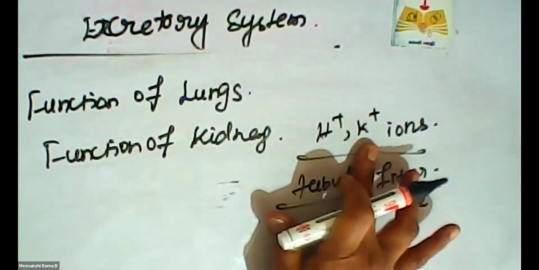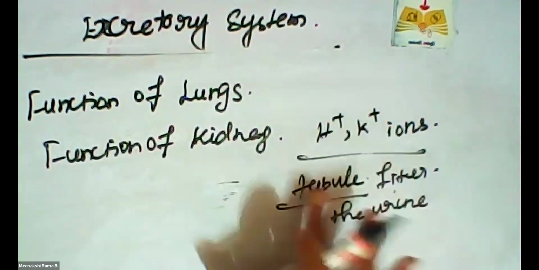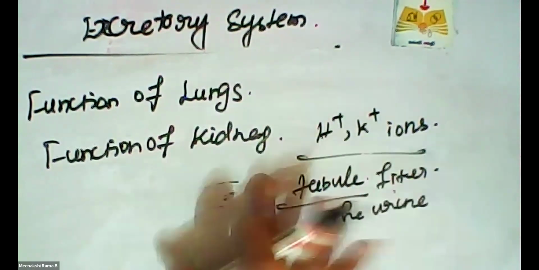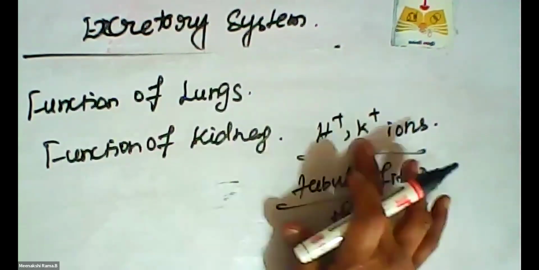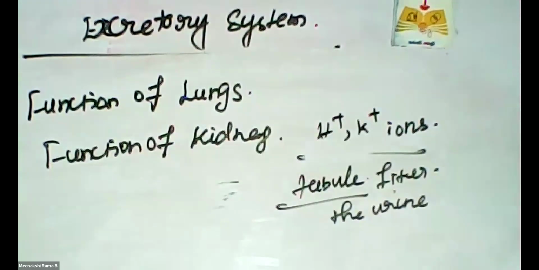Hydrogen and potassium ions are handled with the help of the tubule. So this action is done in that area. In tubular secretion, the tubule secretes the H plus and K plus ions. This tubular filtrate finally becomes urine.